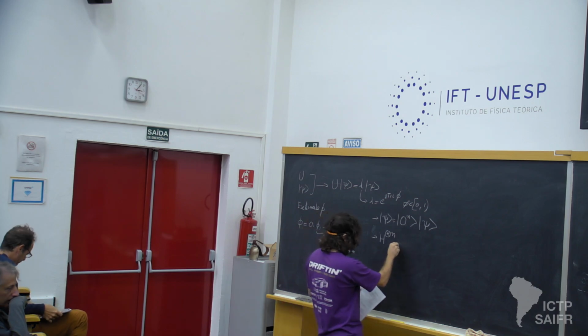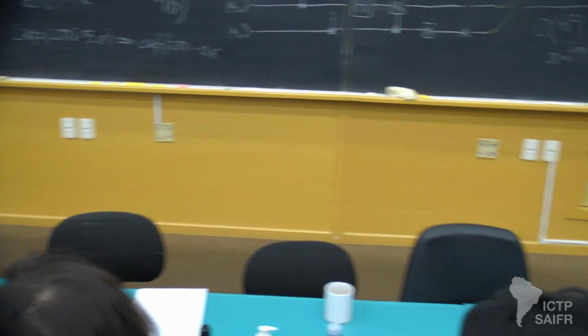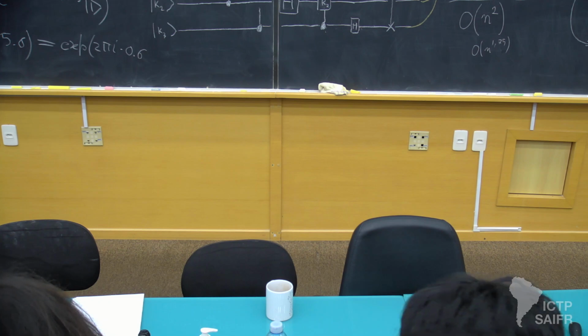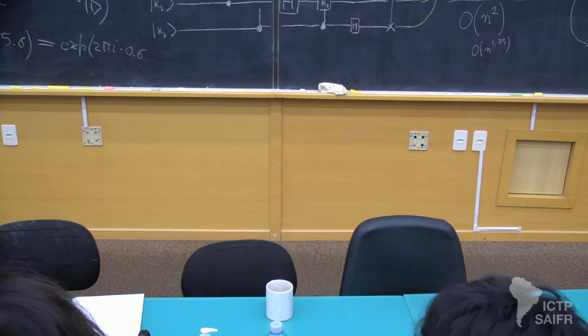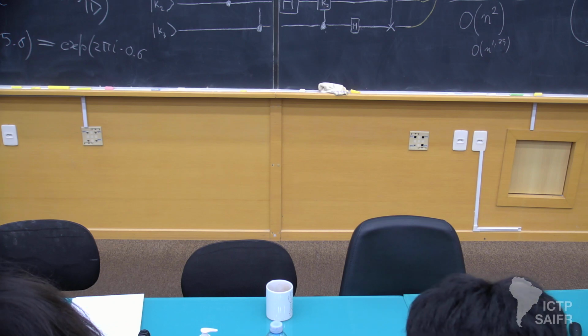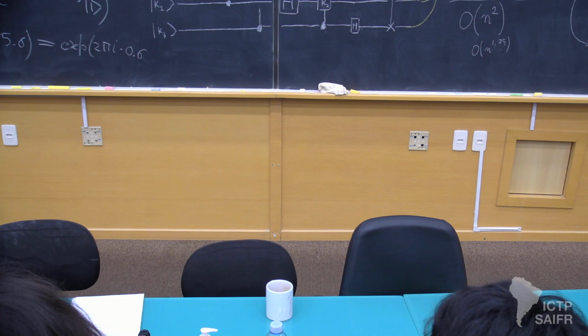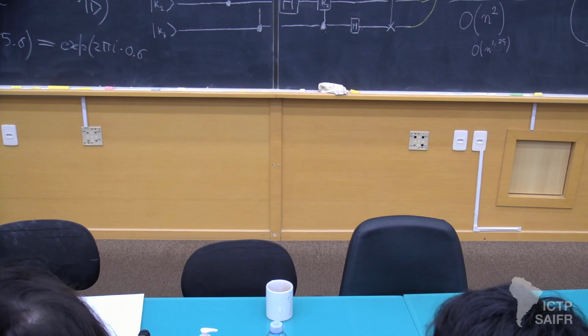So what we get is that 0 to the power of n psi becomes 1 over square root of 2 to the power of n, summation, I'm assuming that this has dimension capital N, j equal to 0 to, well, let's say n minus 1, where there is the usual 2 to the n.